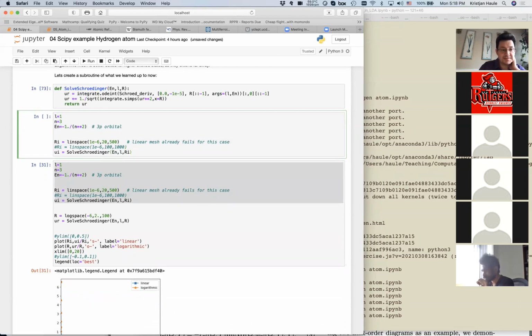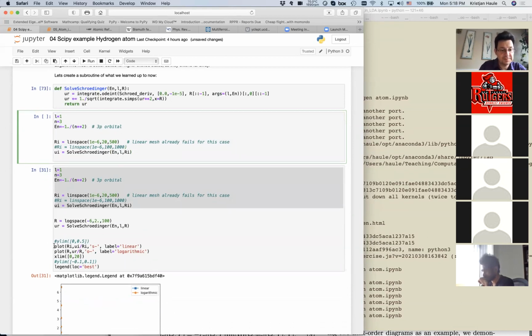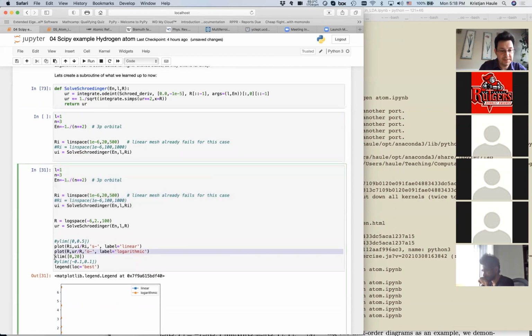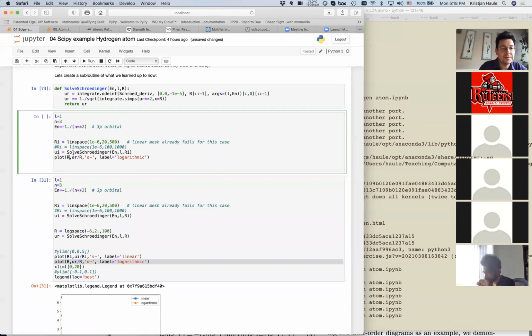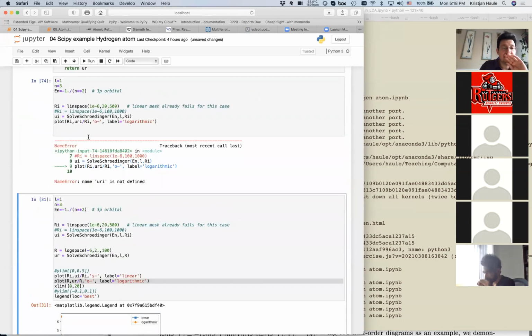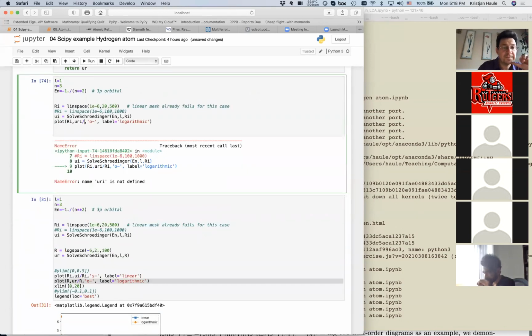Let us check that. Yeah, we need to plot R. Now we need to do plot RI, URI, divided by RI. Actually, UI.